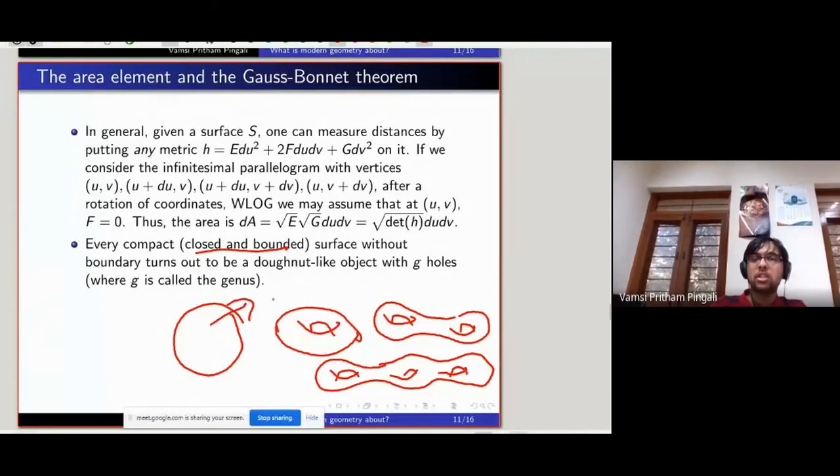This number of holes is called the genus. This is called g equals 1, this is g equals 2, g equals 3, etc.